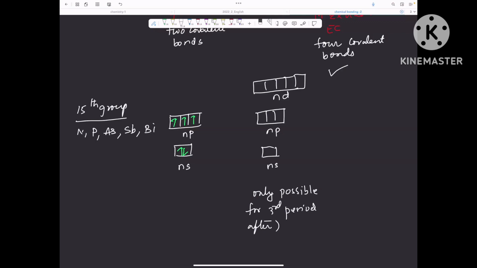Because in second period, 2s, 2p, we don't have a 2d. But for the third period, 3s, 3p, we have a 3d.